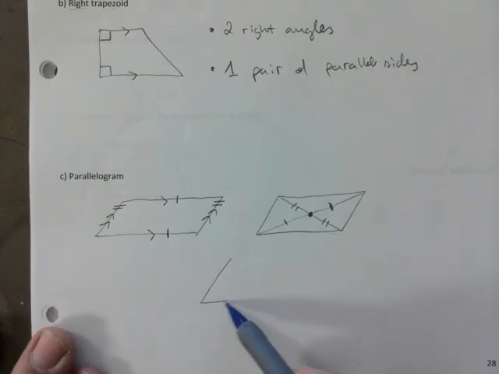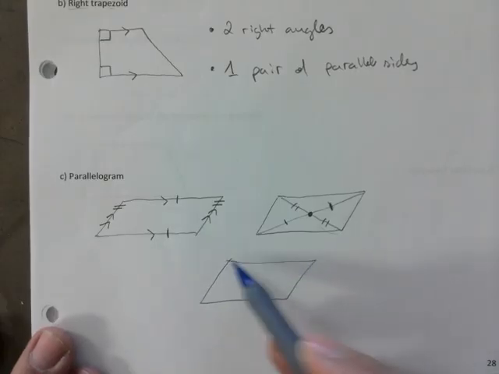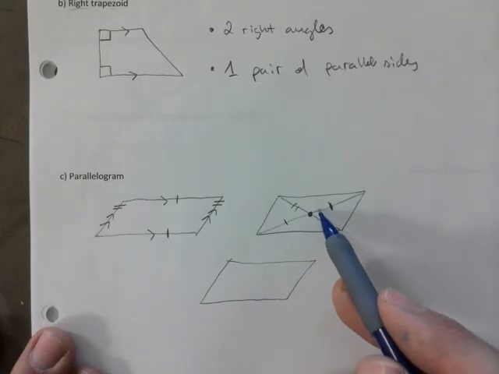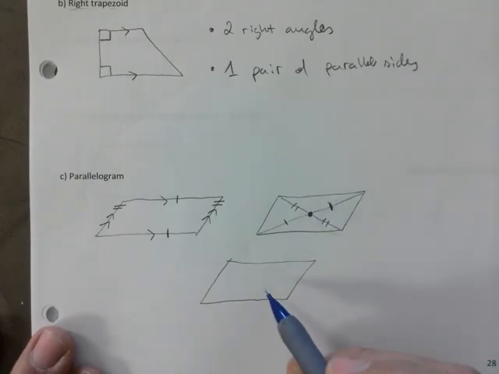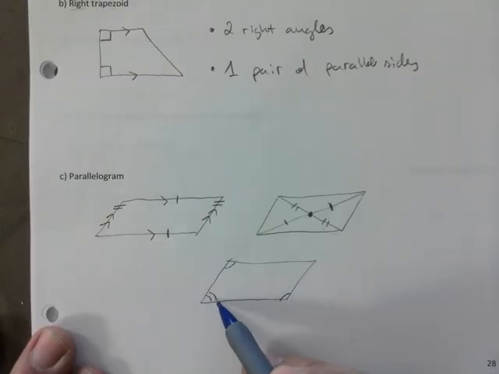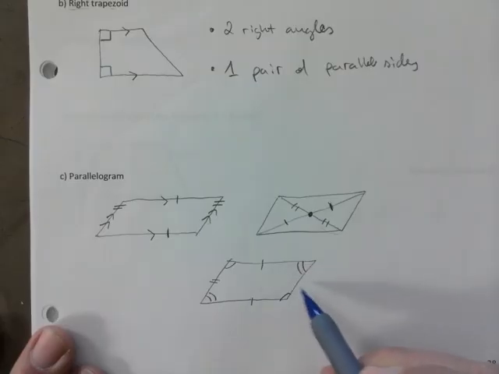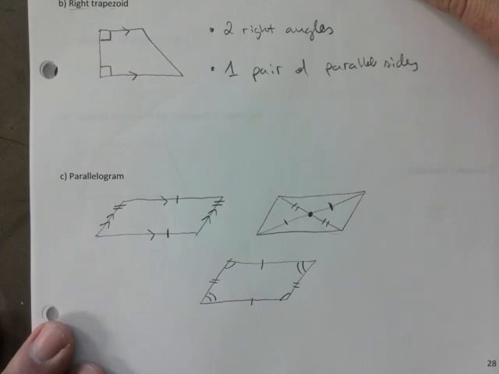If you want another one, please don't do the 90 in the middle. That would be a rhombus, right? So we could talk about the fact that this angle is the same as that one, and this one measures the same as that one. That's also an option. And that these two sides measure the same, these two sides measure the same. Done. Okay? So many options there. I will post the key to this.